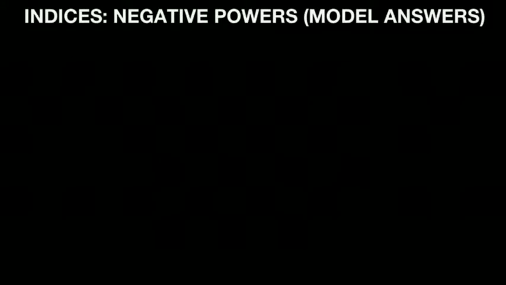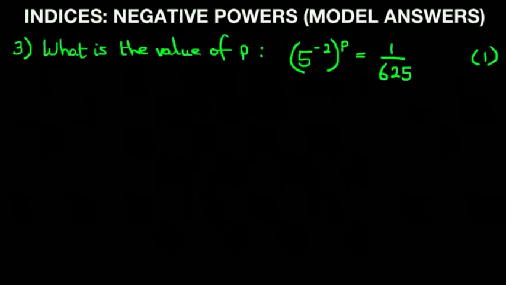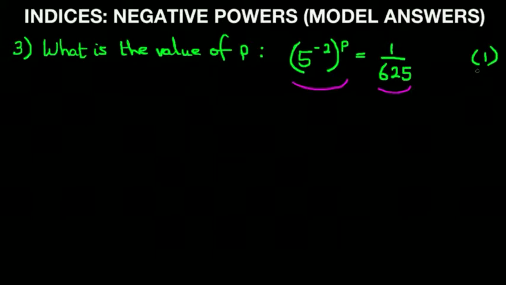Now let's move on to our next question. Number 3. What is the value of p? And we have 5 to the power of minus 2 brackets p equals 1 over 625. Now again note, this is a 1-mark question.